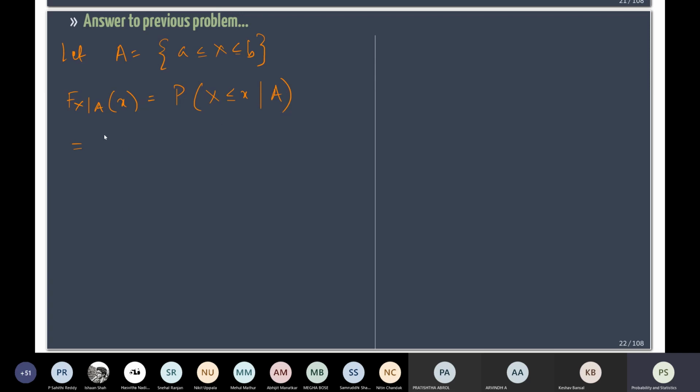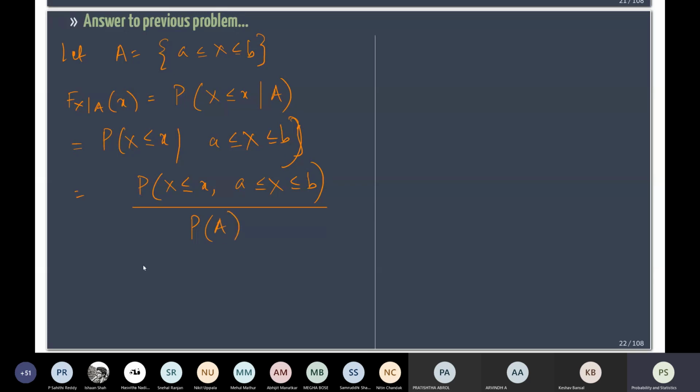This is the same thing as saying X less than or equal to x given A less than or equal to X less than or equal to B. This is the probability that X less than or equal to x, and we have to create the joint, A less than or equal to X less than or equal to B, and then we divide this by the probability of A less than or equal to X less than or equal to B. Equality or strict equality doesn't matter in the continuous case.